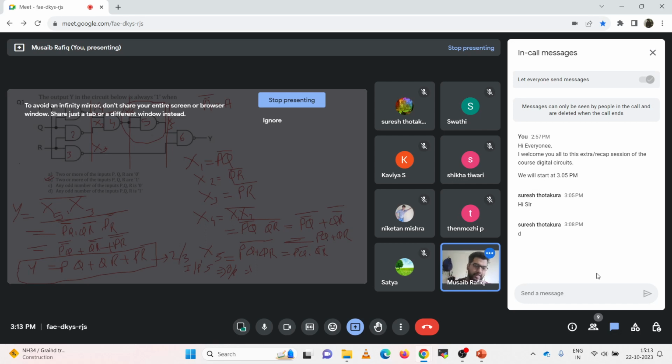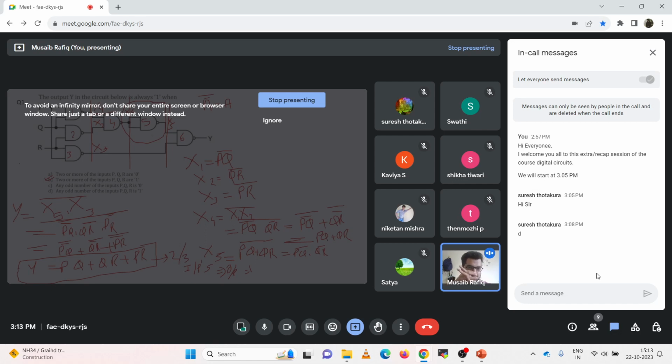Anyone has any idea what this is called? This circuit is one where output is 1 when two out of three inputs are 1. So it's called a majority gate. You can look it up.